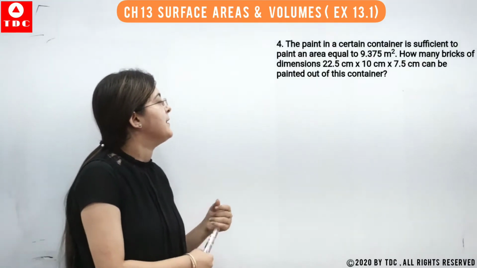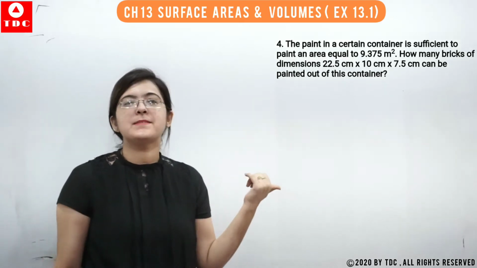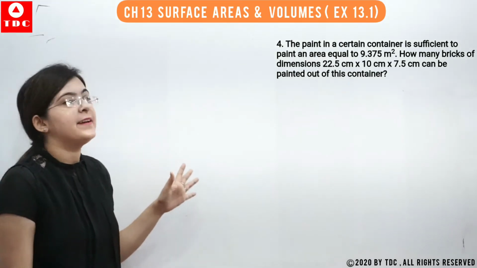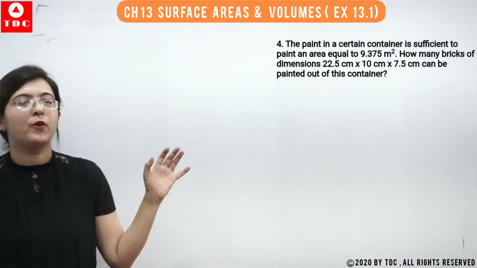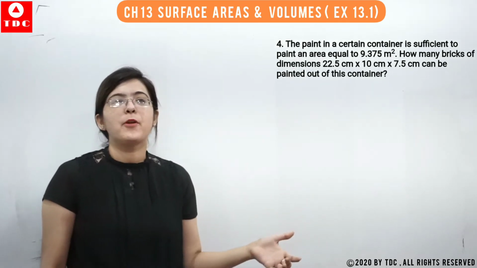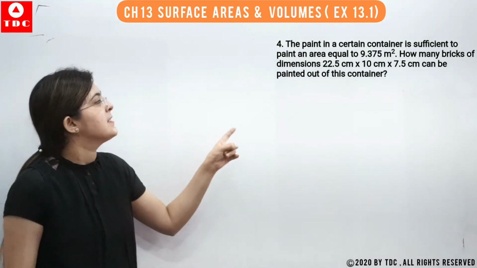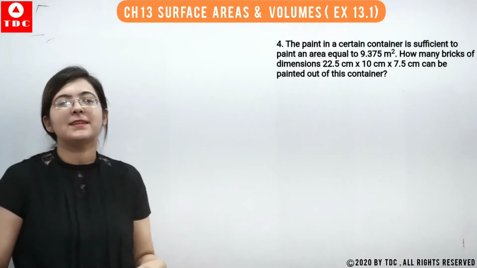It is given that the paint that will be sufficient to paint a total area of 9.375 square is there. So how many bricks of certain length, breadth and height can be painted from this container?